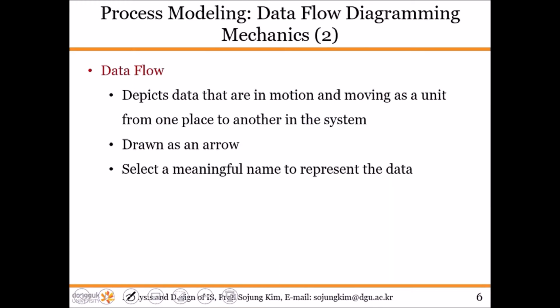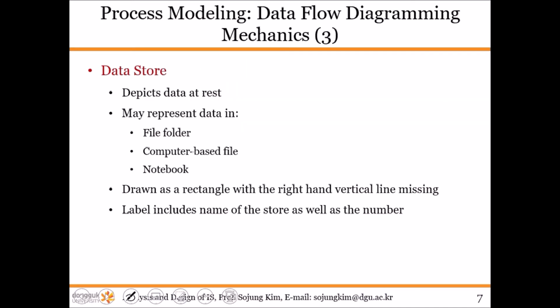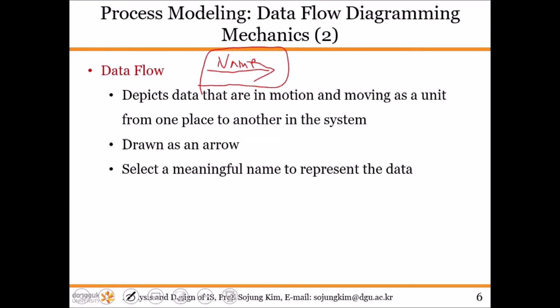Data flow depicts data, drawn as an arrow with a name, in motion and moving as a unit from one place to another in the system. I already mentioned this. Select a meaningful name to represent the data. The name should mean something.